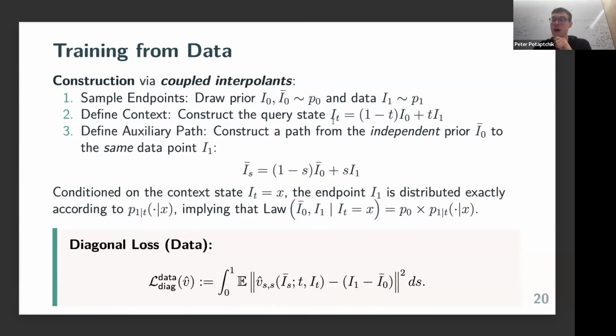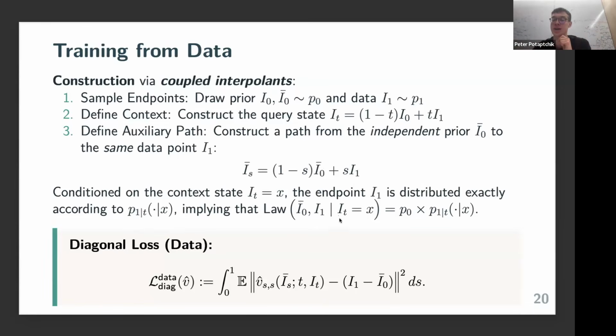Conditioned on IT being equal to X, what is the distribution of I0 bar and what is the distribution of I1? Well, the distribution of I1 conditioned on IT being equal to X is exactly a sample from the posterior distribution. That's just the definition of the posterior: if I observe IT equal to X, what is the distribution of I1? And since I0 bar is completely independent from I0 and I1, it's again just going to be distributed as P0.